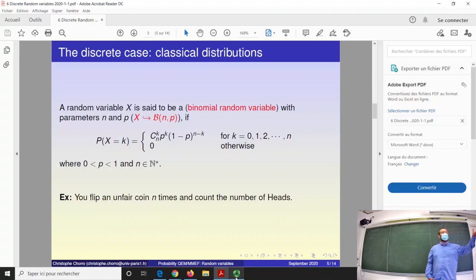n equal to 1. At first, you can see this directly from the fact that my set of possible values is 0, 1 to n. If I want the same set of possible values, I have to take n equal to 1.